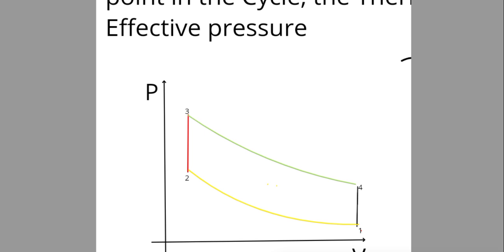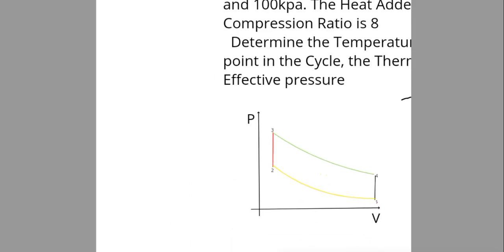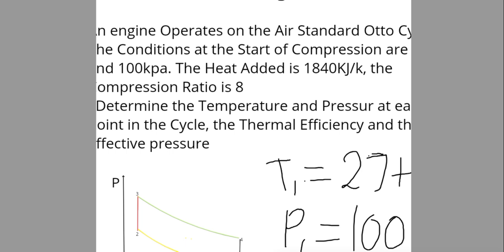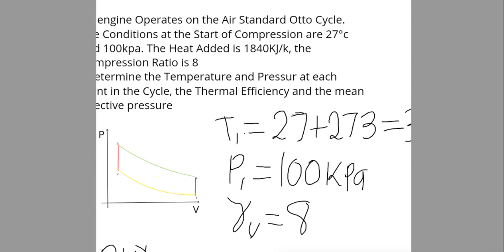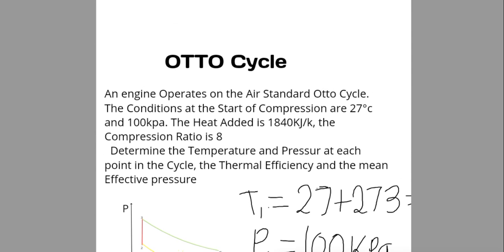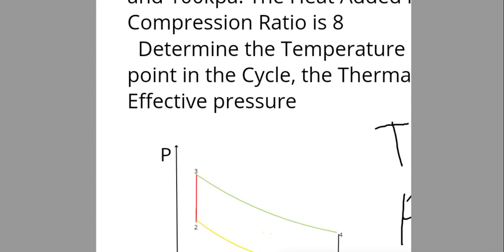So now from 2 to 3, we can decide to use the P over T formula, whereby P2 over T2 is equal to P3 over T3. But we do not have the value for the third pressure, which is the maximum pressure, and the third temperature. So we can only resort back to the question here, where they gave us the heat added to be 1840 kilojoules per Kelvin.